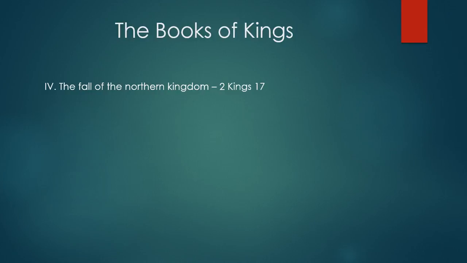As you read through 2 Kings 17, though, you will notice that all of the things that lead to the downfall of the northern kingdom are going to be exactly the things that were prohibited in Deuteronomy. So here we have kind of come full circle.